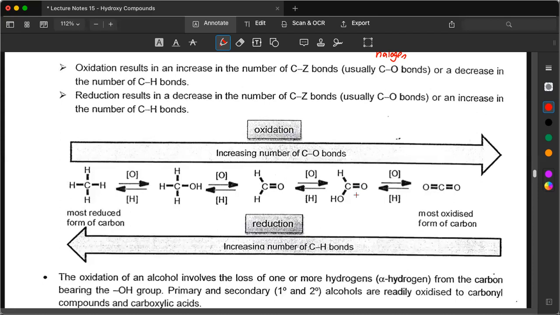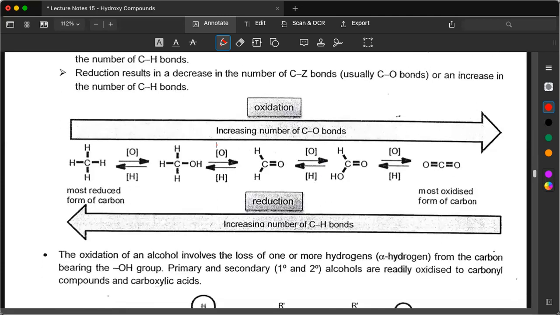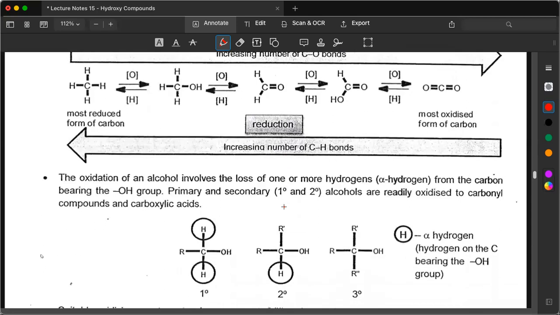So the complete oxidation of carboxylic acid will produce CO2, which is the most oxidized form. And the reverse is true. As we oxidize the organic molecule, we will see an increasing number of C-O bonds, and in the case of reduction, an increasing number of C-H bonds.